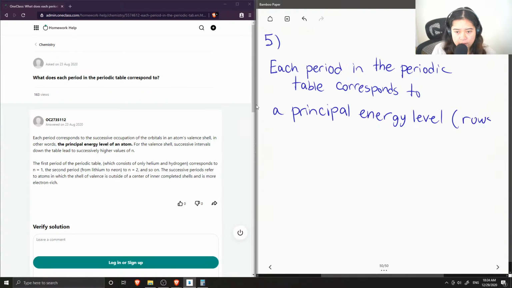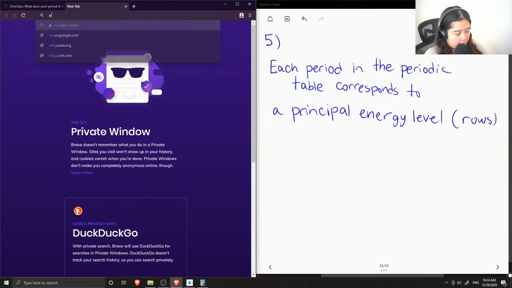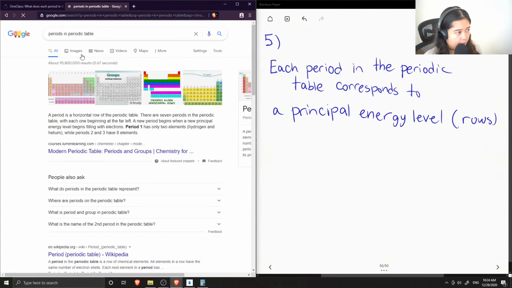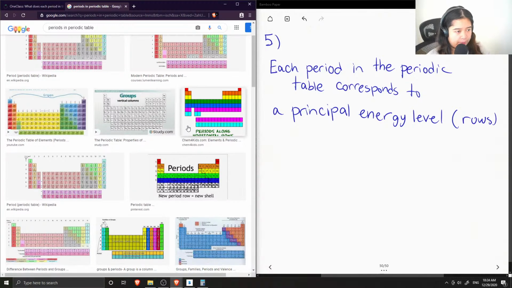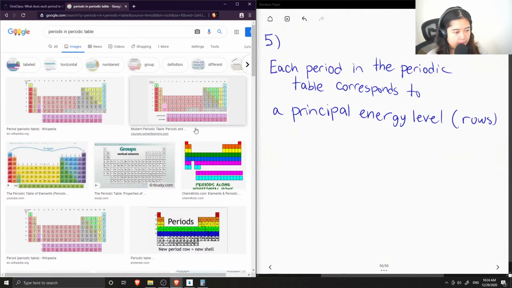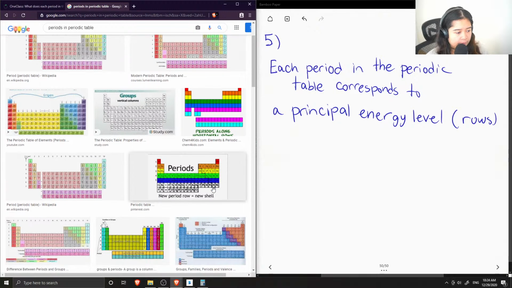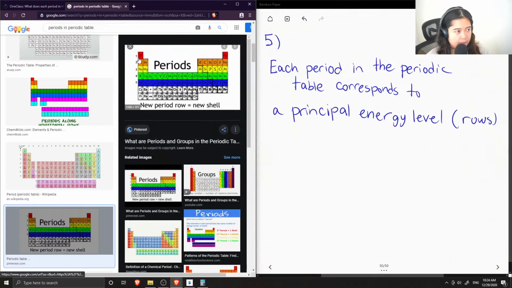So, in other words, the periods are the rows of the periodic table. Let's look at the periodic table. So you can see that all of the periods are shown like in this picture. So hydrogen and helium is a row, and lithium, beryllium, boron, carbon, nitrogen, oxygen, fluorine, neon, that is another, and so on and so forth.